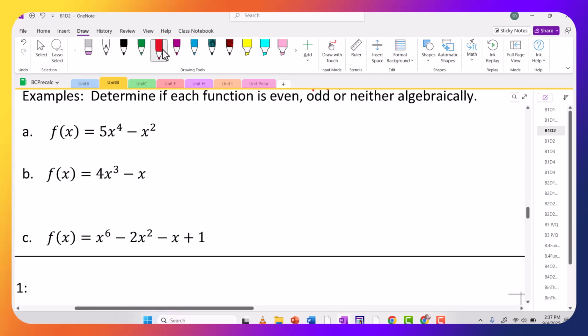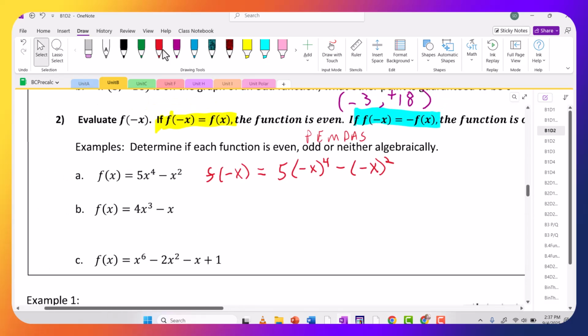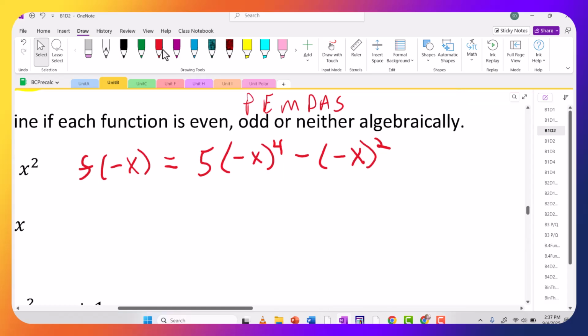So here's what we got to do. We actually got to do this test, and I'll color code this for each one just to make these look better. So I am literally going to plug in a negative x for x, and then I'm going to reevaluate this situation. Did I have this up here? I do. And you better follow the rules of PEMDAS in the next step.